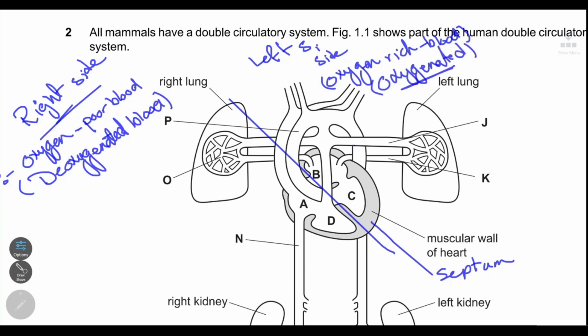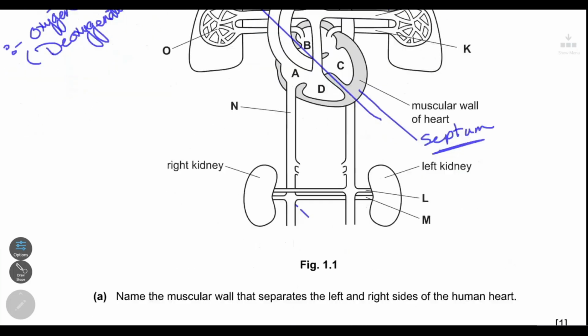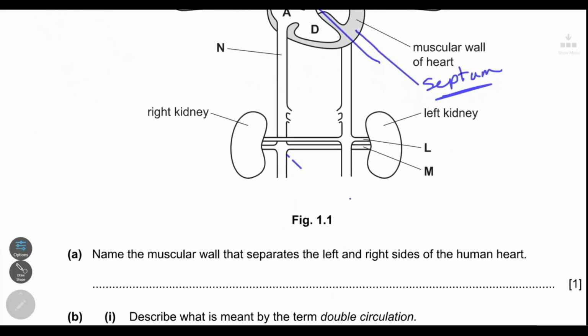So in order not to have the oxygenated and deoxygenated blood mixed, there is a septum to keep them from being mixed. So the answer here, the muscular wall, is the septum.